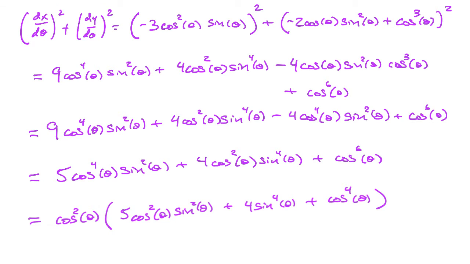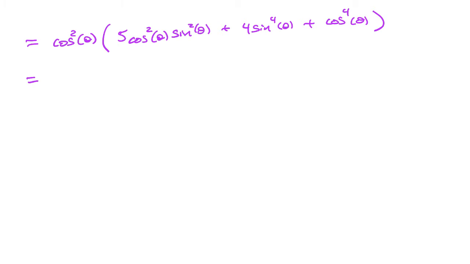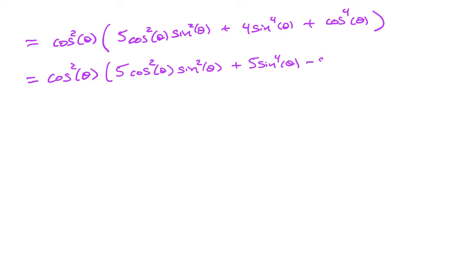So now a trick we can do is for our 4 sine to the 4th. So we have 5 cosine squared sine squared. For a 4 sine to the 4th, we can make it a 5 sine to the 4th minus a sine to the 4th, and then plus our cosine to the 4th.